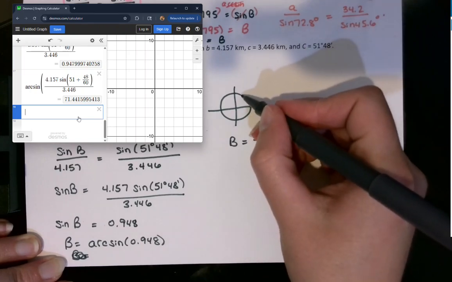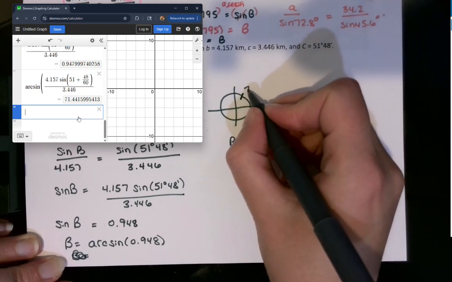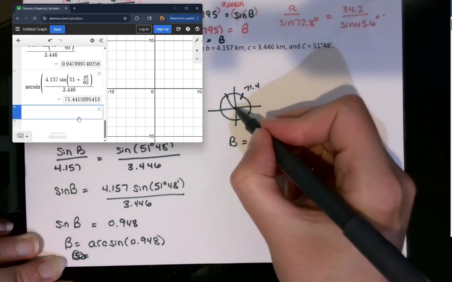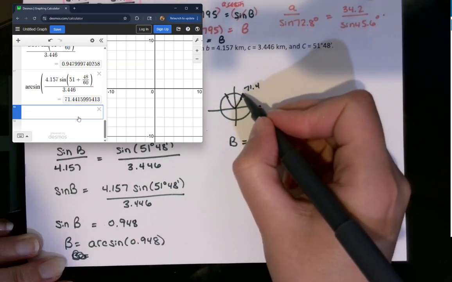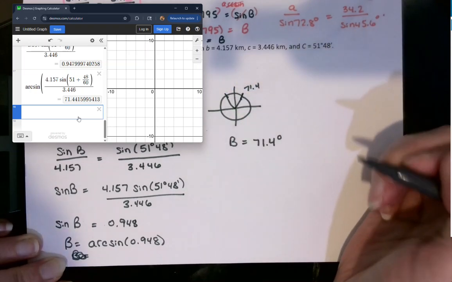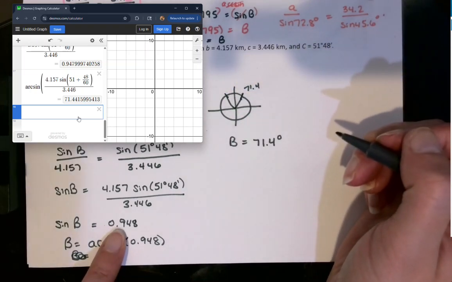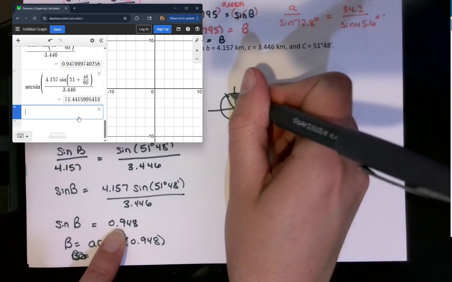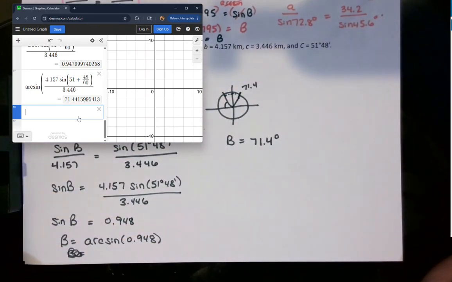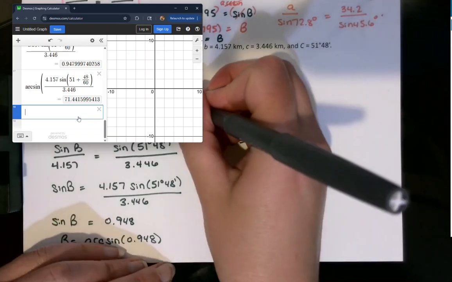That would be in quadrant 1. So the other possibility is that if the sine value is positive, it's going to have to be in quadrant 2. That's why I know it's in quadrant 2, because the sine value is a positive 0.9. That's going to happen up here in one of these two angles. So the other one is going to be 71.4 degrees shy of 180.